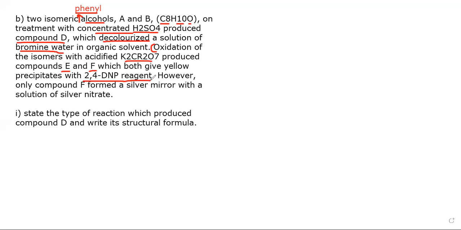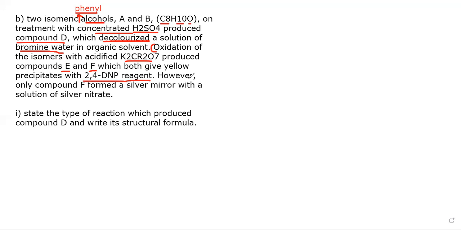2,4-dinitrophenylhydrazine. We know that is Brady's reagent, and we use it to test for carbonyl compounds. We know it cannot differentiate between aldehydes and ketones. It just tests for carbonyl compounds. So both the aldehyde and ketone, it can detect. So compounds E and F, what we know so far is that they are both carbonyl compounds.